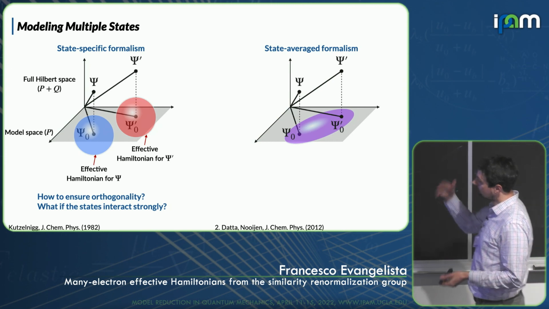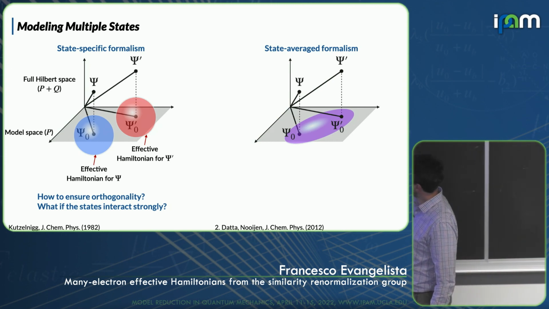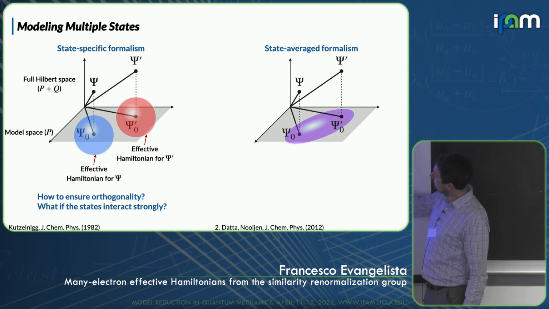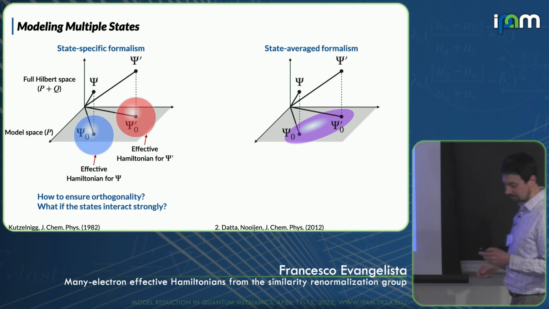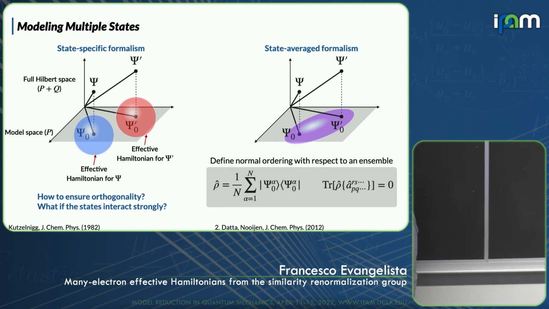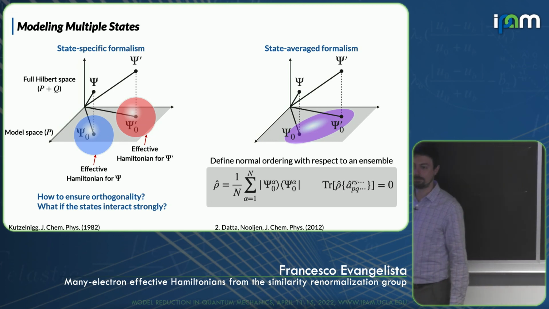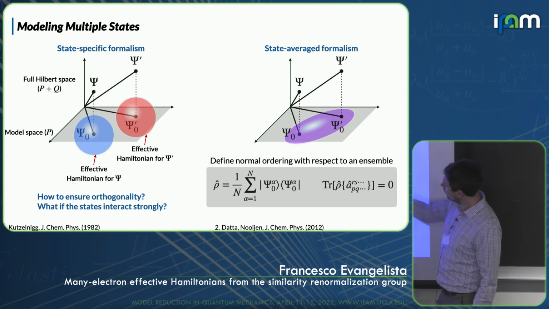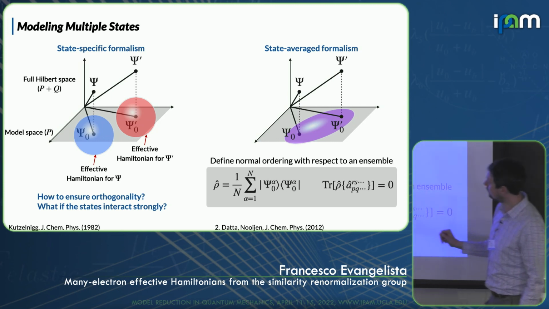So one extension of the formalism we've developed is to go to a multistate formalism where you now want to treat two states at a time. And we do that through defining an ensemble of states. So all the states that we want to represent are collected in this density matrix.